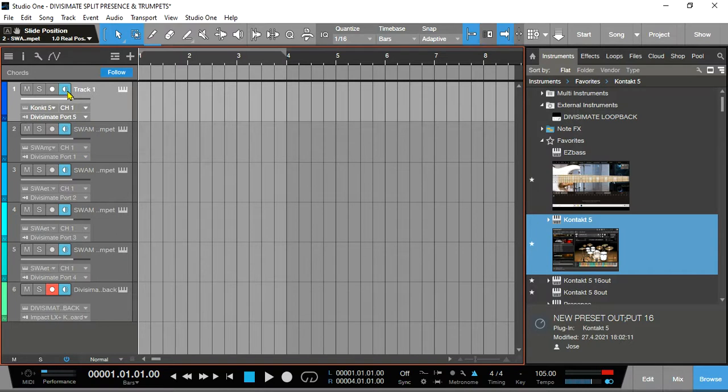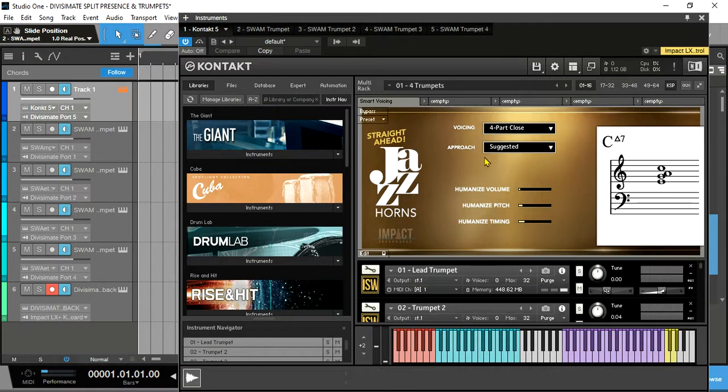This is it right here. It's called the straight ahead jazz horns. Now let me show you something, though. C major 7 is going to change to D minor 7, which is the Dorian mode. Check this out. I'm going to play an Ionian mode, which is in the C major scale.